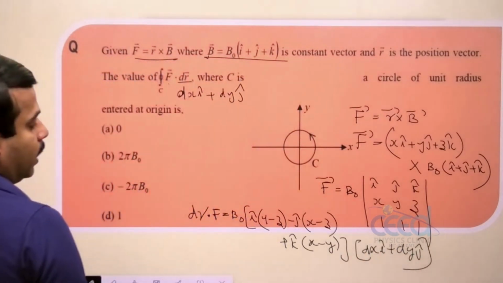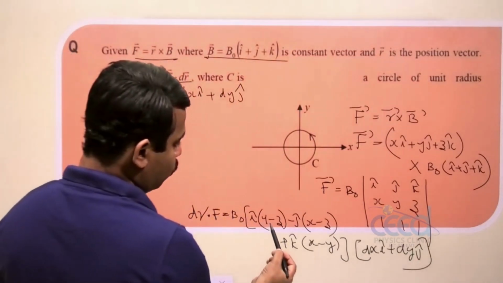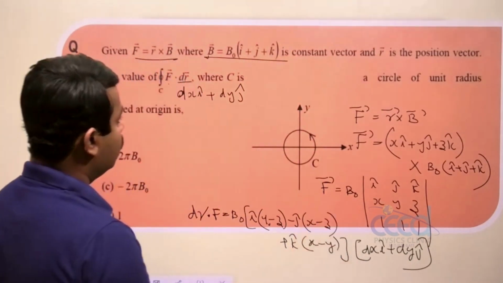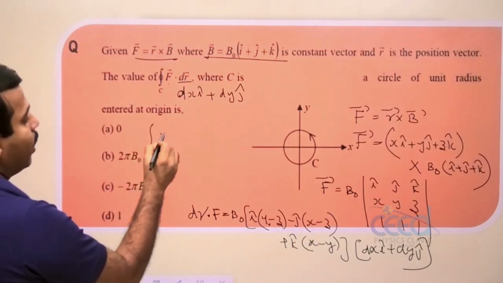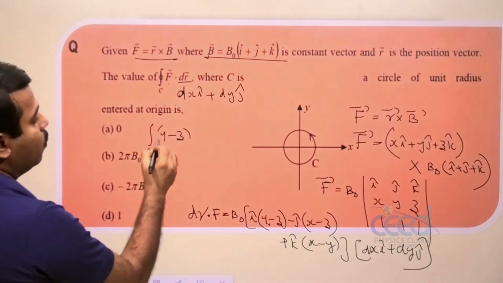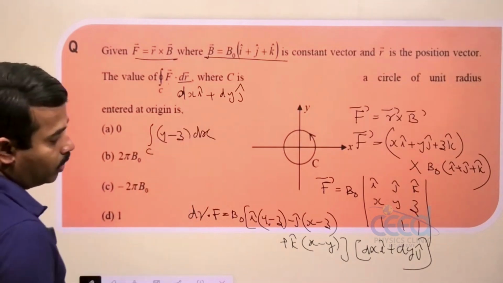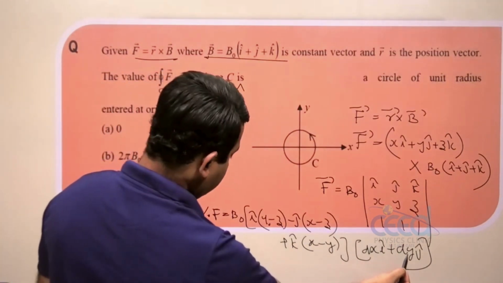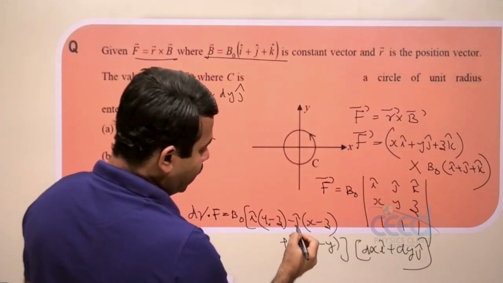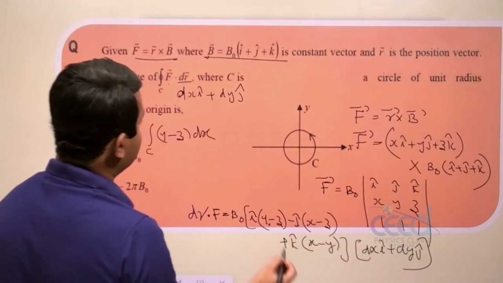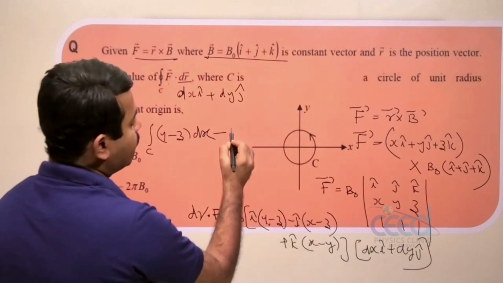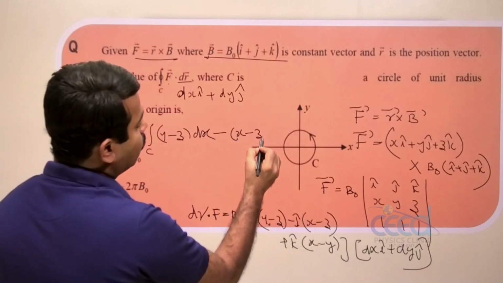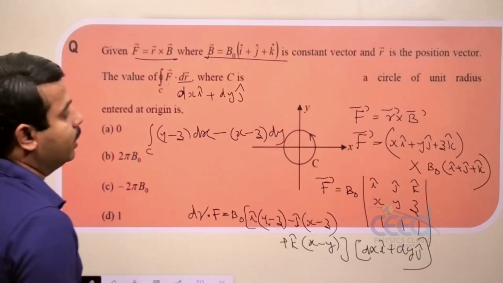Alright. Now i cap, this is (y minus z) into dx, right? So curved integral (y minus z) dx, alright? And here minus (x minus z) into dy, right?